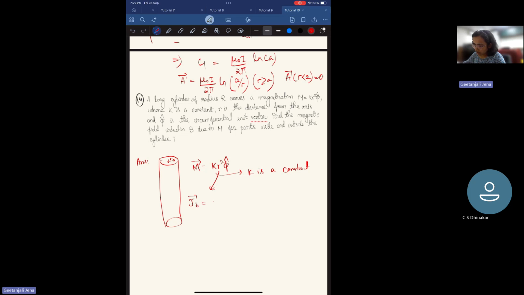J_b is curl of M. It is in cylindrical coordinates, so I'm directly writing the final expression. Cross verify it, and if you get some other value, let me know.